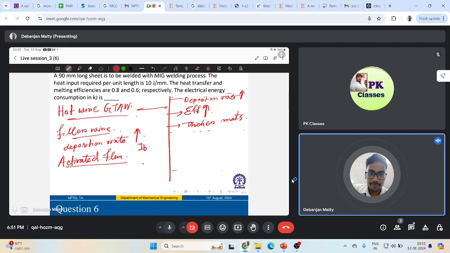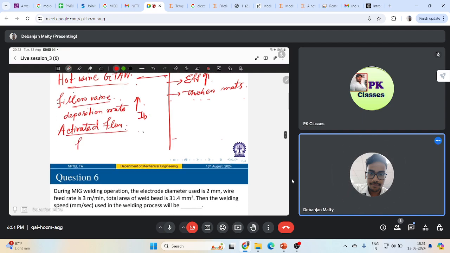It will stabilize your arc, and whatever are the benefits of flux, as in flux core arc welding, those functions will be done by these activated flux, right?